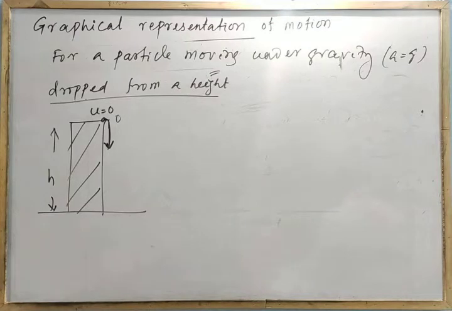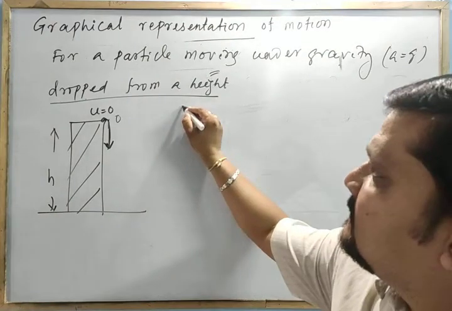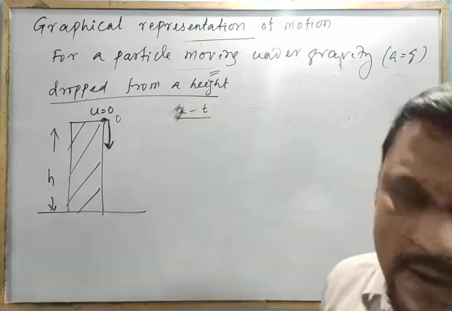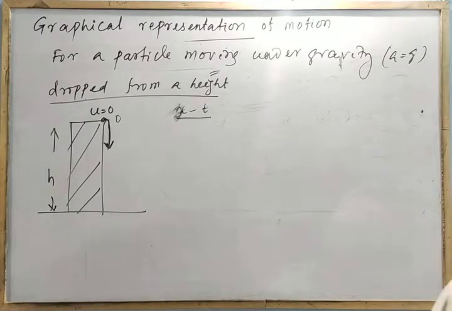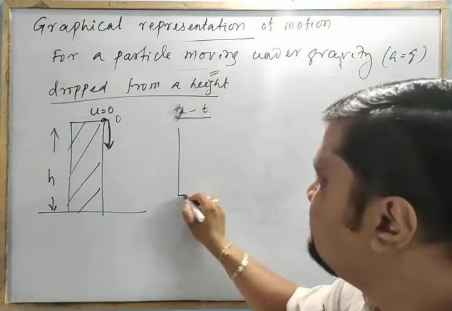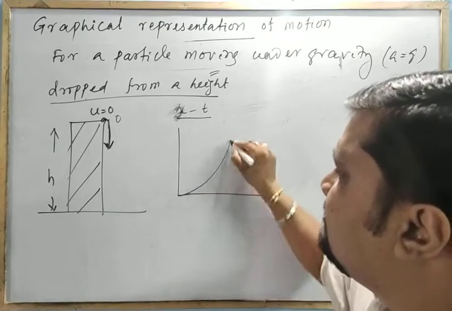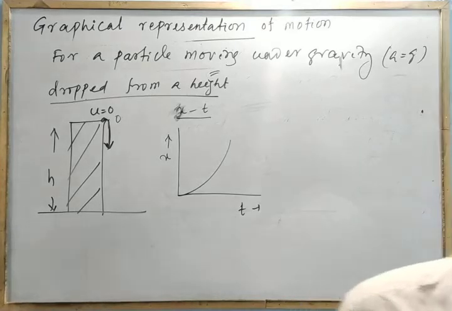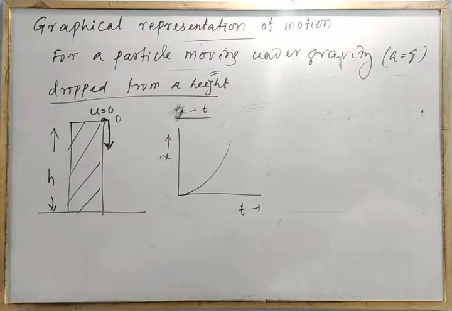If I ask you what the position time graph, the xt graph, is, I will make them one by one. How will the xt graph be? This nature of position time graph means moving with a constant acceleration.